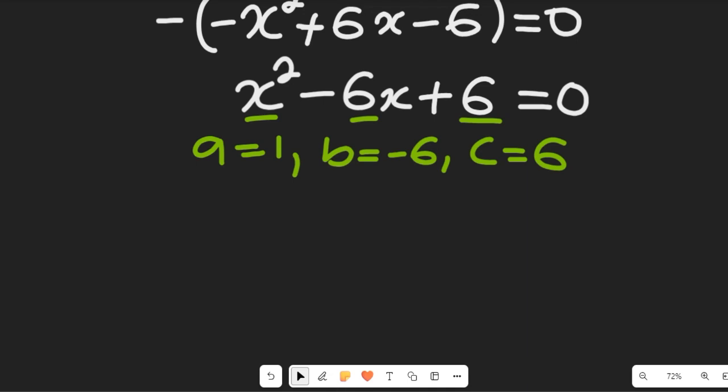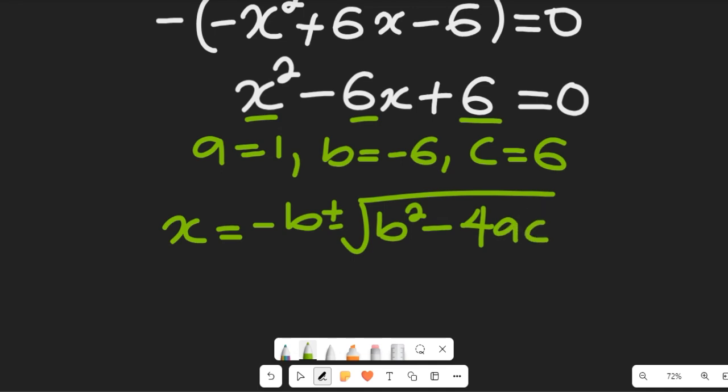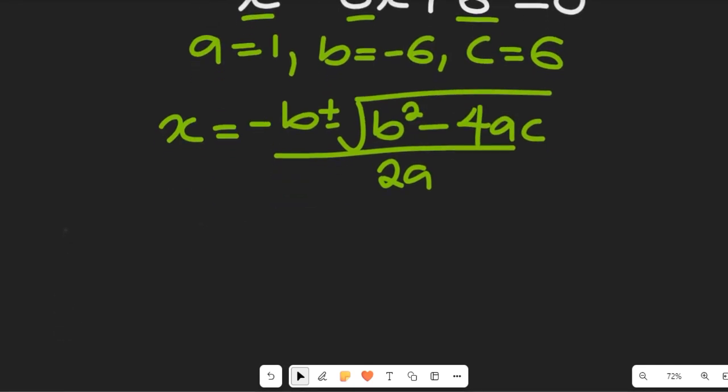The value of x will be equal to negative b plus or minus the square root of b squared minus 4ac, all divided by 2a. So we're simply going to insert the values of a, b, c into that expression.